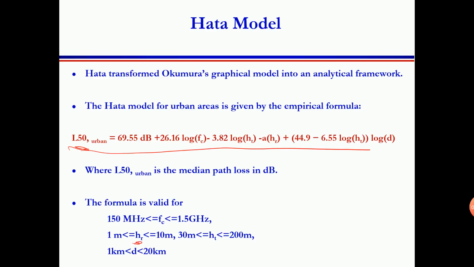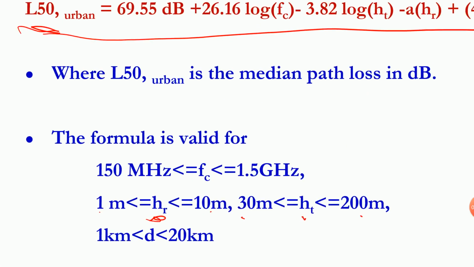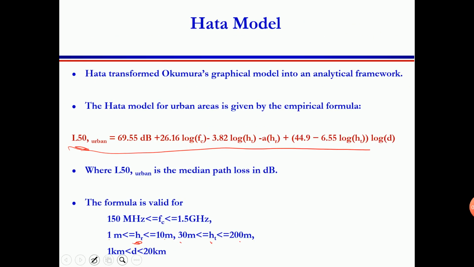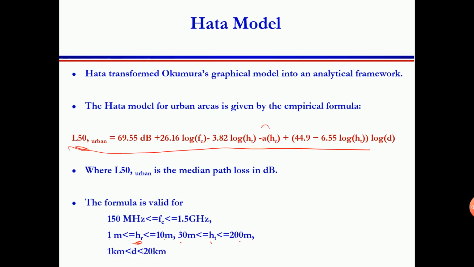Your receiving antenna height ranges between 1 meter to 10 meters, the transmitting antenna height ranges between 30 meters to 200 meters, and the distance ranges from 1 to 20 kilometers. And a(HR) is the correction factor, whereas there G area was the correction factor.